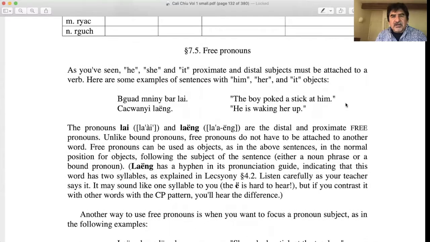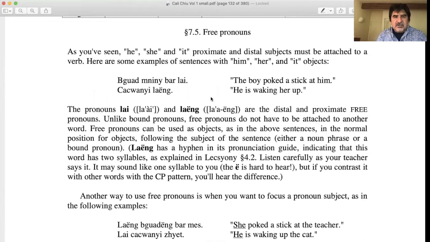They are not attached and they are objects, okay? So for example, the boy poked a stick at him. So this is the free pronoun. Remember, it is the object of being poked at. There's the subject and there's the object.